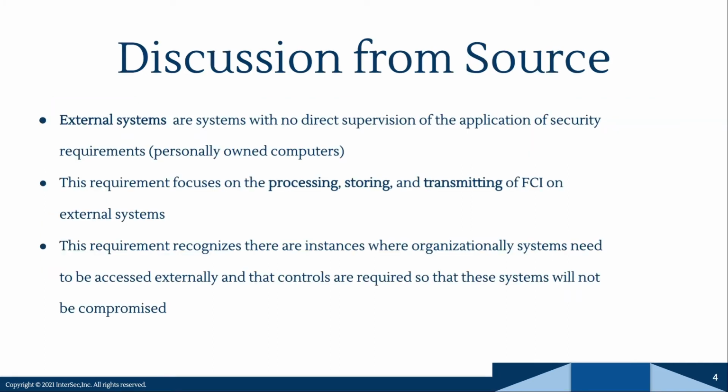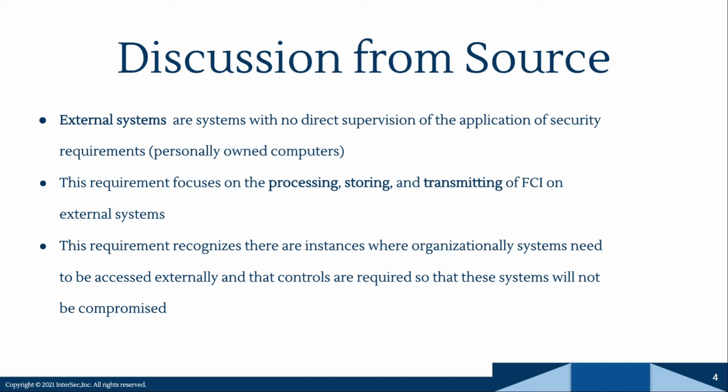Let us discuss the meaning behind AC.1.003 using NIST 800-171 as a source. As previously identified, the focus is going to be on external systems. The definition of an external system is a system with no direct supervision of the application of security requirements.